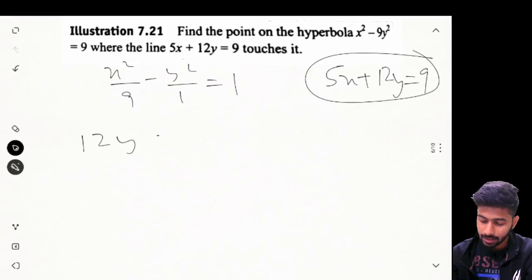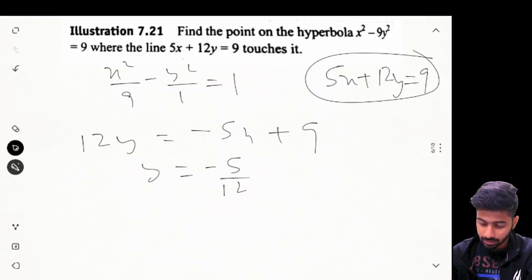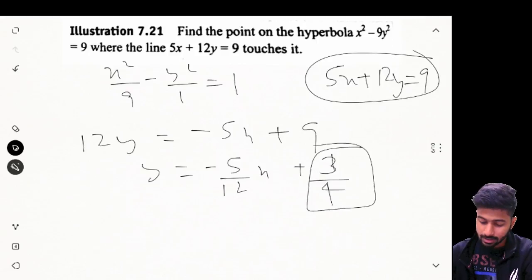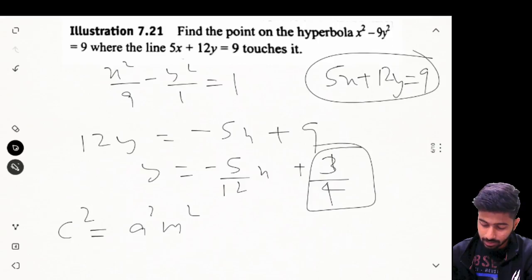You can write 12y is equal to minus 5x plus 9, y is equal to minus 5 by 12x plus 9 by 12, which is 3 by 4. So you have to just verify if this c square is equal to a square m square minus b square or not.